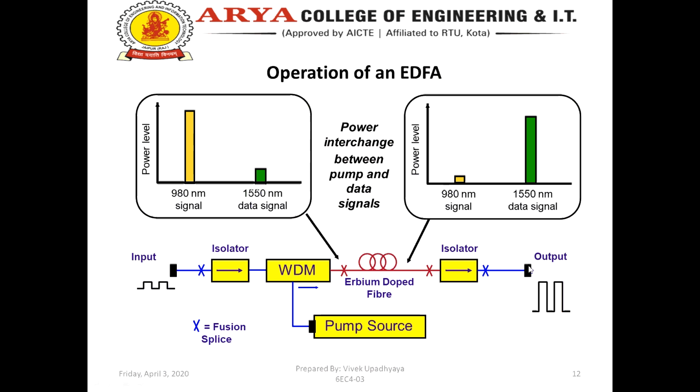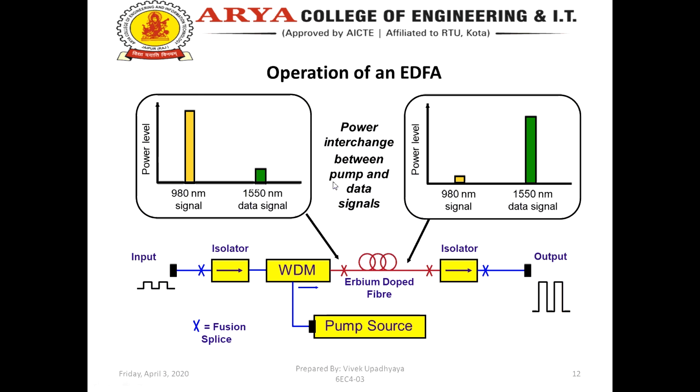This cross shown here is the fusion splicing, which is used like a connector. So power interchange between the pump and the data signal is the main concept of the EDFA.